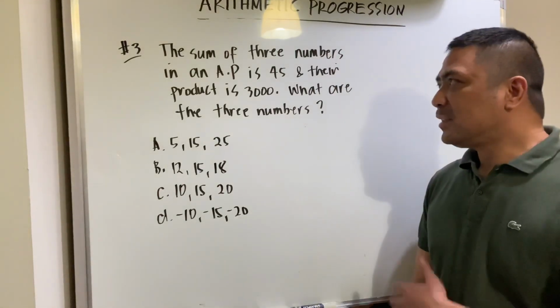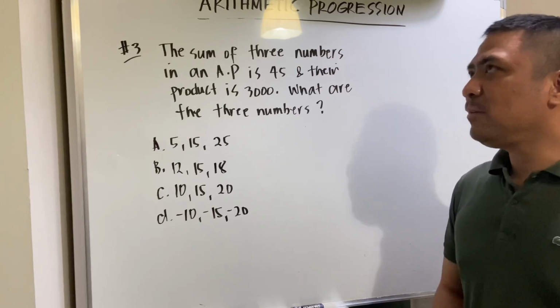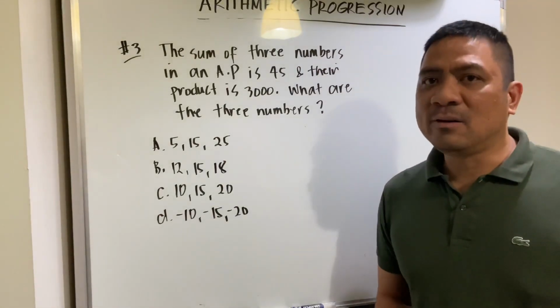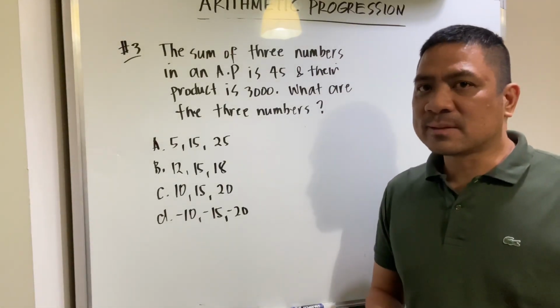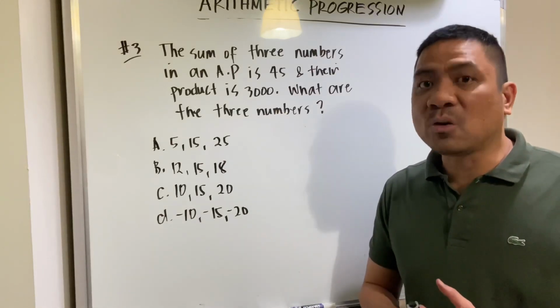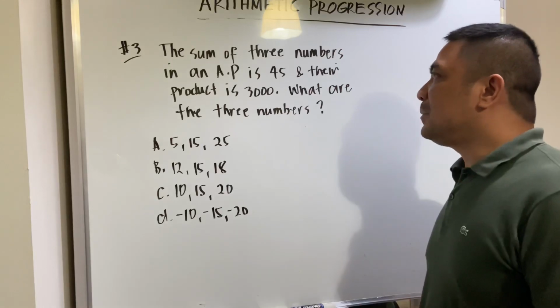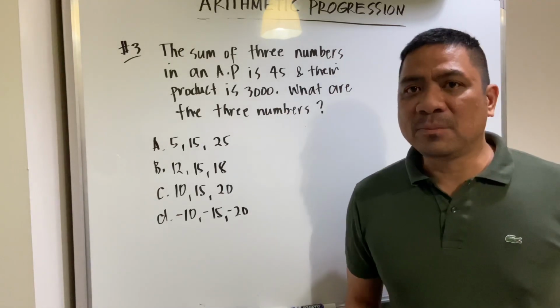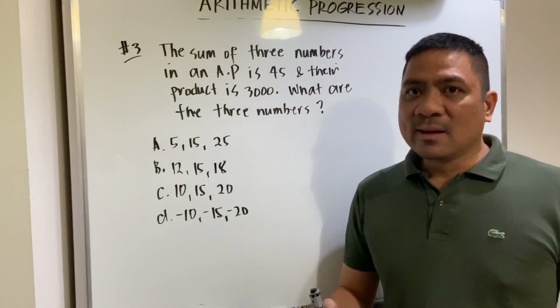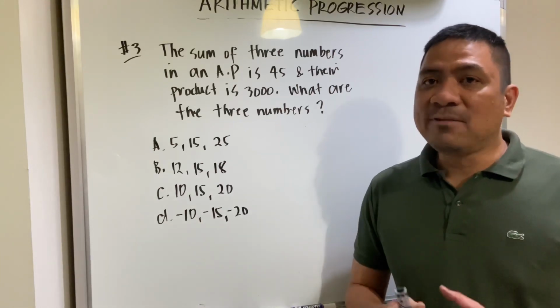Now, why I presented this problem is just to give you a hint on how to solve problems like this, in case that mayroong konting variation. If the number of terms in a series is an odd number, normally the number in the middle is the average.